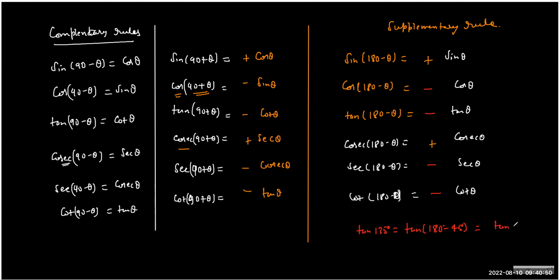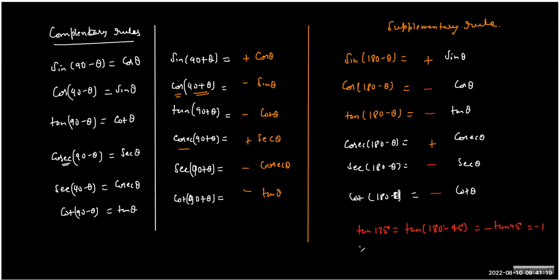Tan 45. 180 minus theta is tan theta. But in the second quadrant, tan is what? Plus or minus? Negative. That's the answer: -1. Fair enough. Are you getting this idea? This is simple. If you're finding it difficult, just let me know. This should not be difficult. So we simply write the answer and then check the sign separately and assign plus minus automatically. That's the natural way.